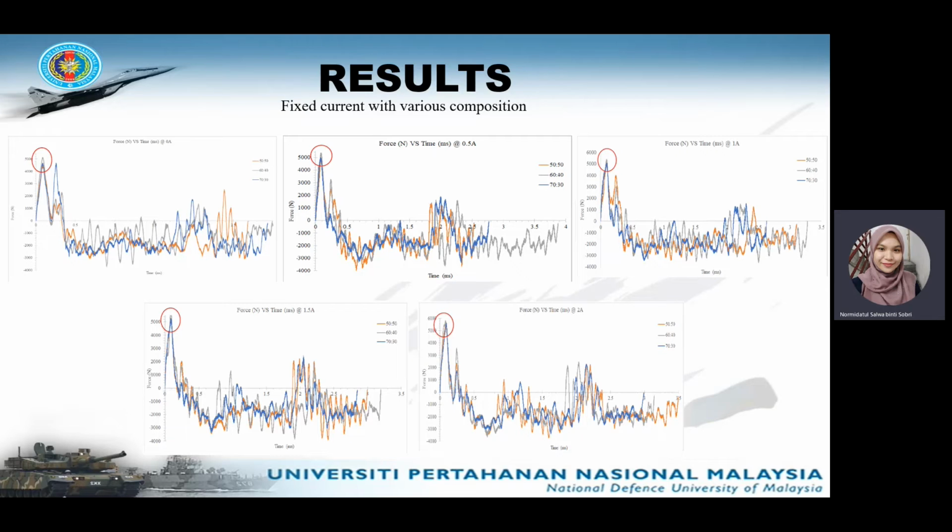The maximum force recorded the highest value for 60% composition for all currents, and without exception it is the highest among the others too. As a result, the force experienced by the MRE will be greater since the MRE tends to absorb more energy than the others, and this provides a rather accurate answer to the purpose of the study regarding the link between force and current.